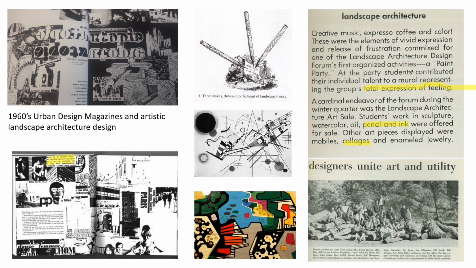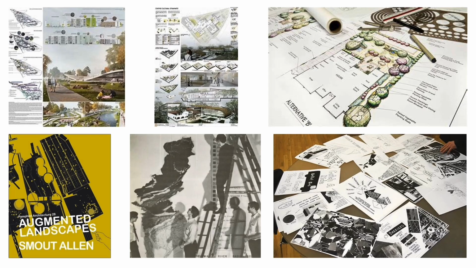So we can see, even just from this article, which is from the late 60s, probably around 66 or 67, that at least in Cal Poly Pomona, they were even having art exhibitions and art sales and experimenting with different mediums, which was obviously great as part of the design forum, but also it's part of the professional vocabulary.